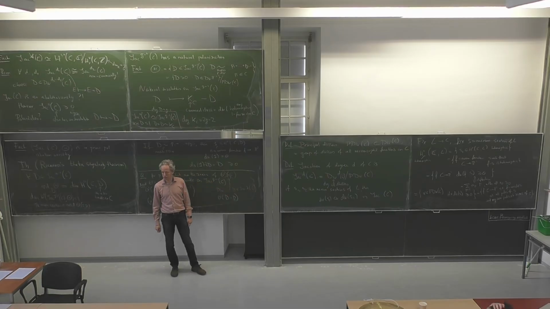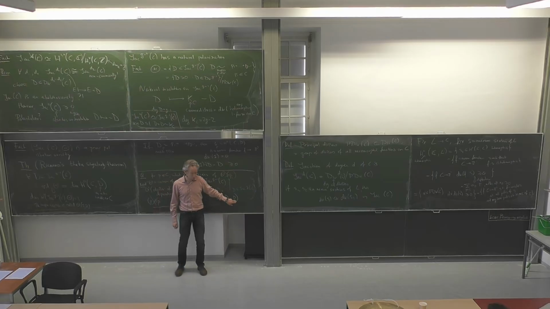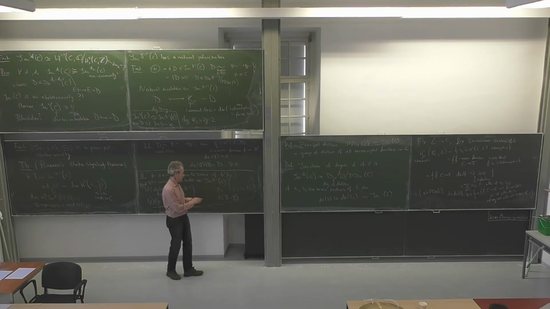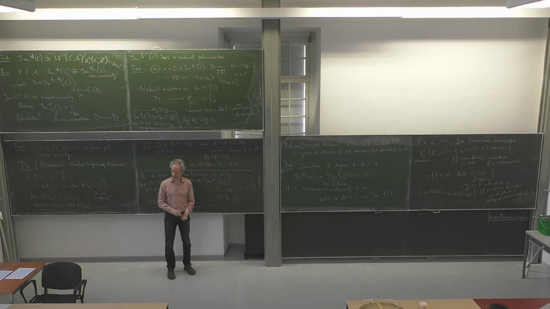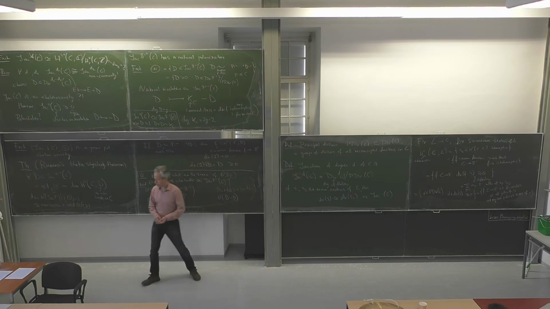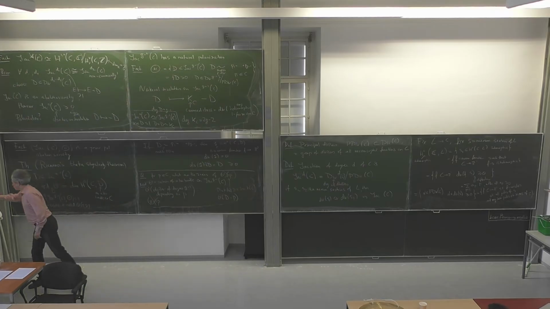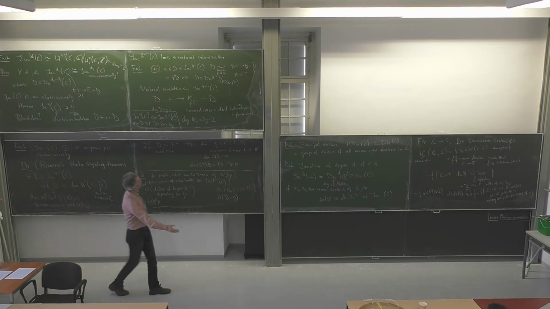I could switch signs. It's convenient to do it this way. So if I take a degree g divisor and I subtract the point P, that's a degree g minus 1 divisor. This is a fixed divisor D, and just look at that. Why would you do that? Because that's the simplest thing you can do.